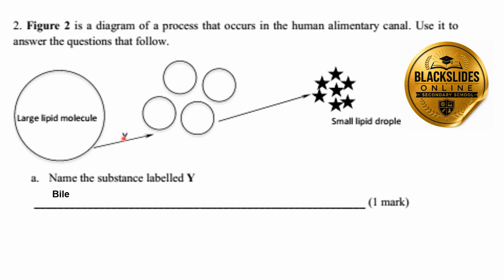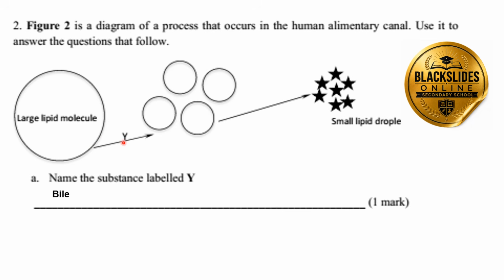Instead of reacting with it chemically, it simply acts as a detergent or a soap because of its basic nature. It's a base, it's alkaline. So it acts as a detergent, like a liquid soap.